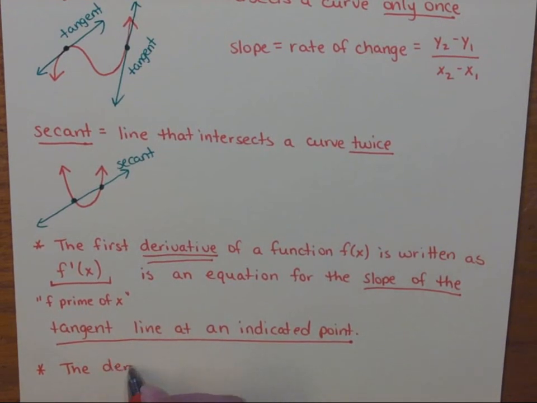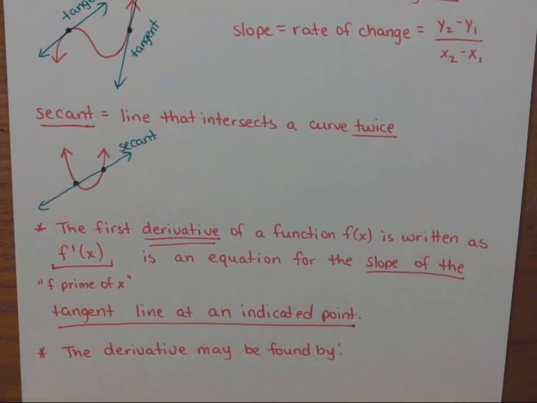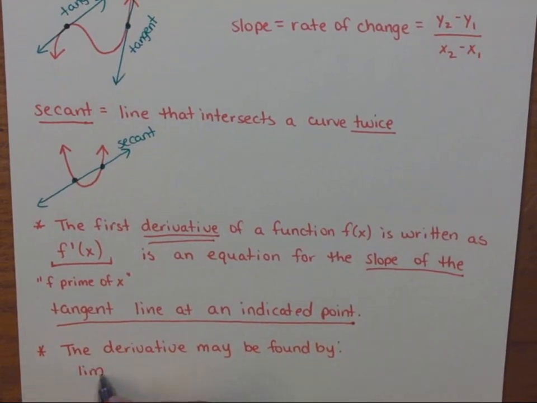Okay, but the derivative will get us the equations for all the slopes, basically, at any point we would want to choose. So remember back in 10.1 when we did the limit of a difference quotient function? And I told you that that equation had some significance. Well, it does, okay? And it's because it's how you find the derivative.